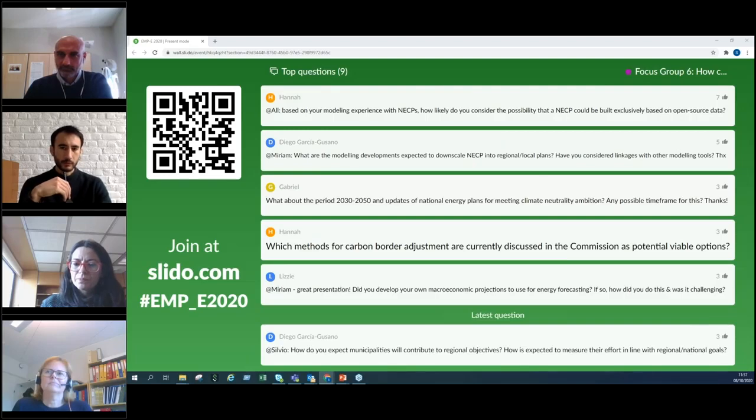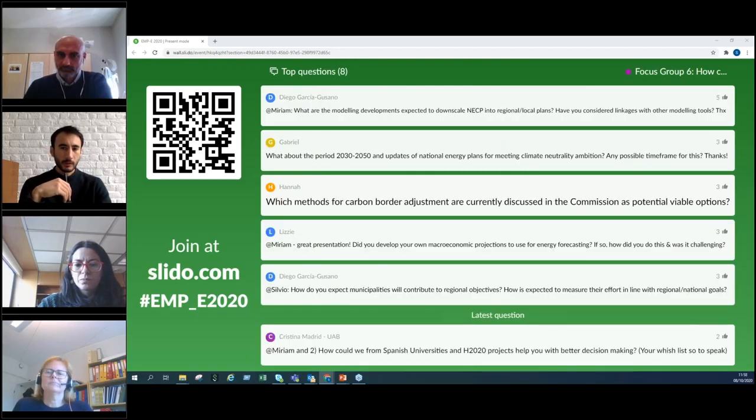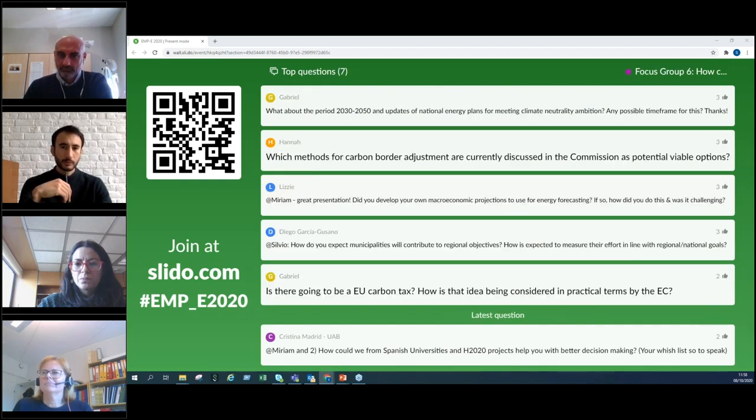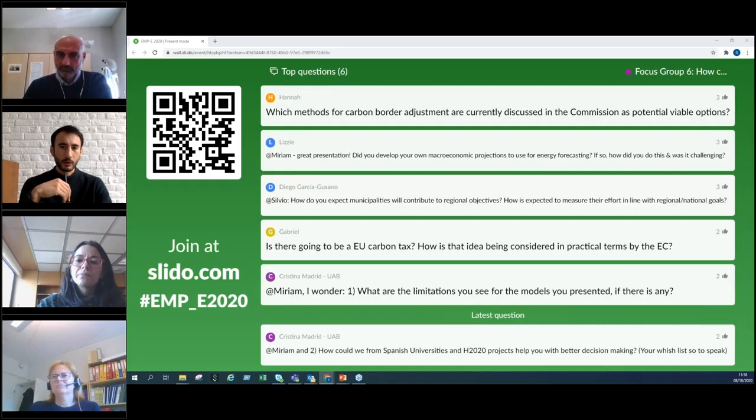So they provide a draft NECP update by the end of 2023, and then a final update by the end of 2024. And this does not exclude the possibility of an even earlier update, also having in mind the new ambition that we have at the EU level.